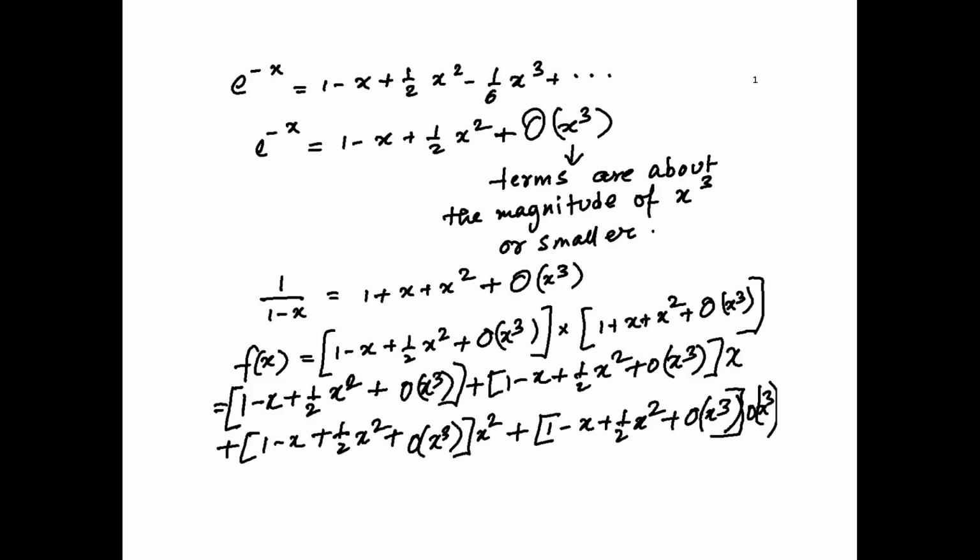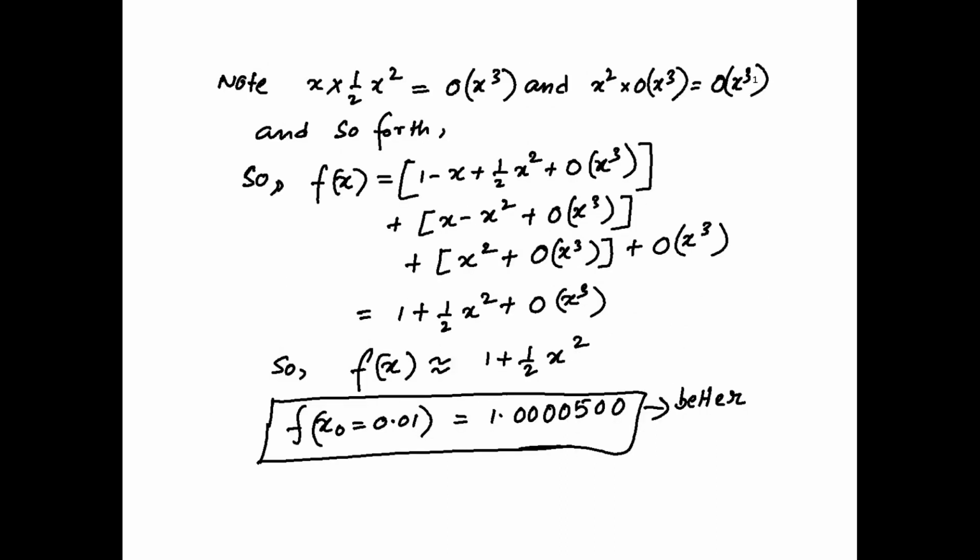If I want to do an expansion of the combined function f(x), I should carefully keep track of them and remove them or put them under the notation order x cube. So when I do that carefully, you can convince yourself just by looking into the algebra, you will get the functional form of the expansion to be 1 plus half x square plus order x cube terms, which is very different from what we had earlier when we did an uncontrolled approximation.